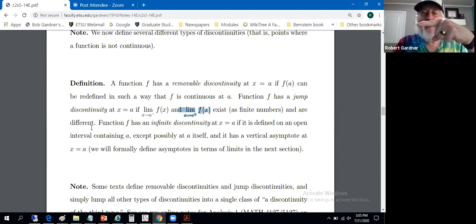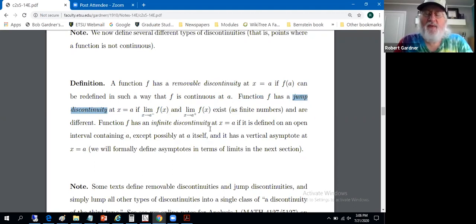So from one side it does one thing, from the other side it does another, and it'll have a little gap in the graph. That's called a jump discontinuity. We saw an example of this earlier. That first example from this section, the k of x function had a jump discontinuity at x equals 1, didn't it? The limits were different from the left and the right.